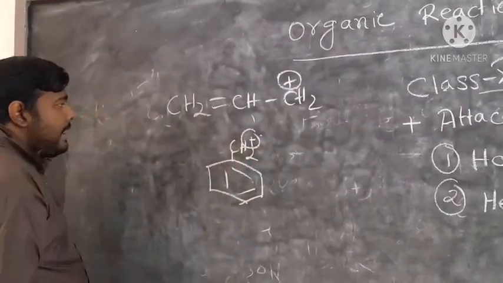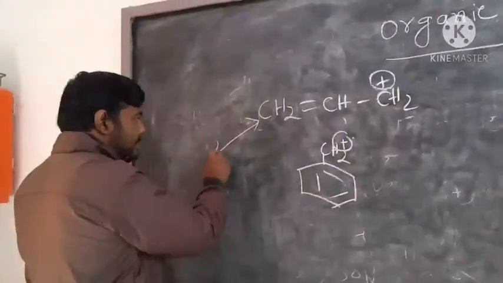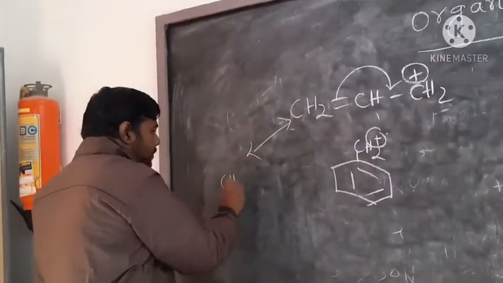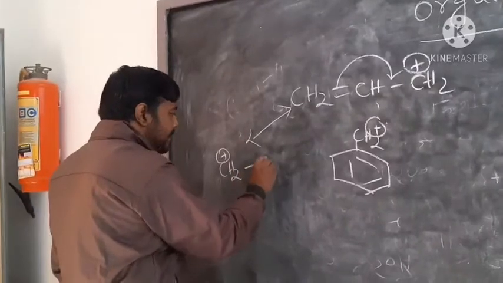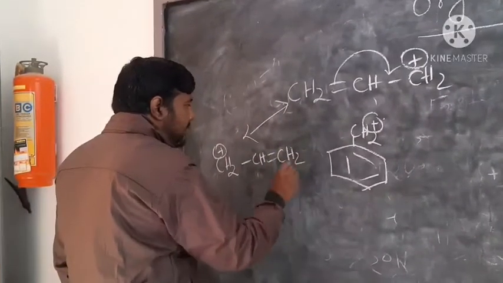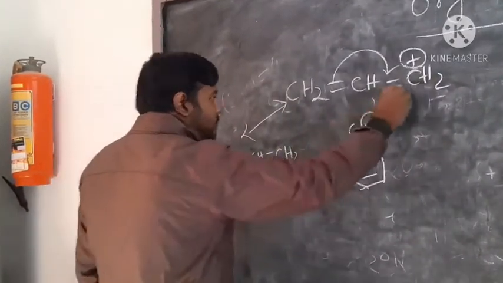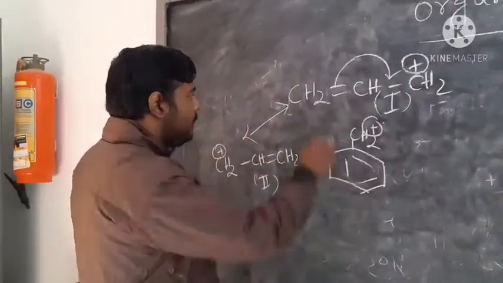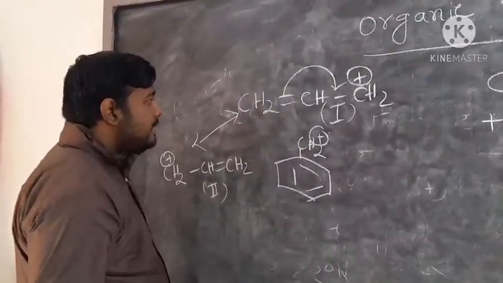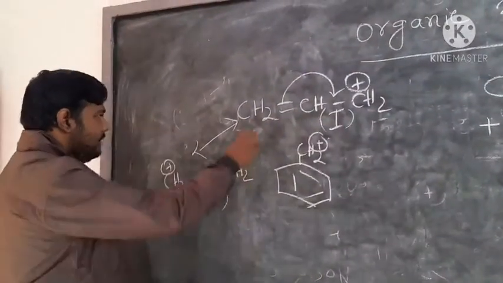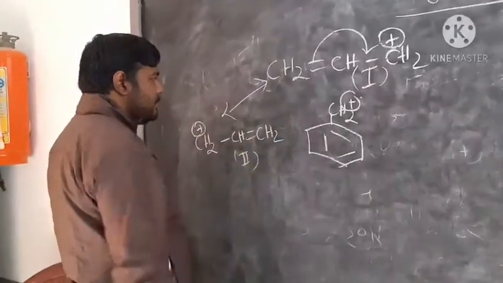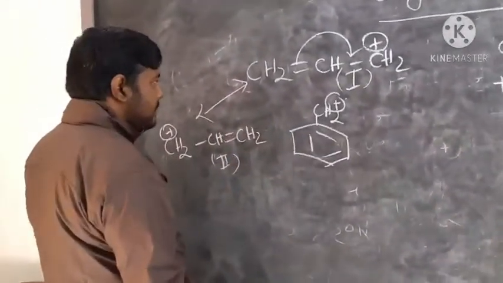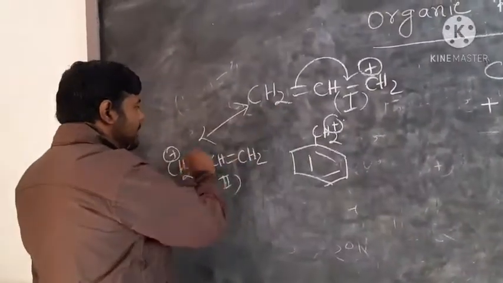See, actually this will undergo resonance, and if it undergoes resonance, what would be its next resonating structure? This one will be the next resonating structure here. Structure 1 and structure 2 both are equivalent here. As both are equivalent or identical, it will be an equivalent resonance, so it will be more stabilized.